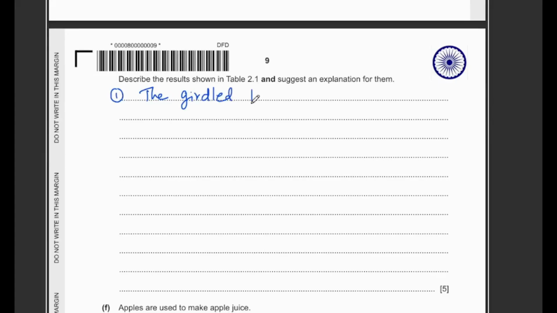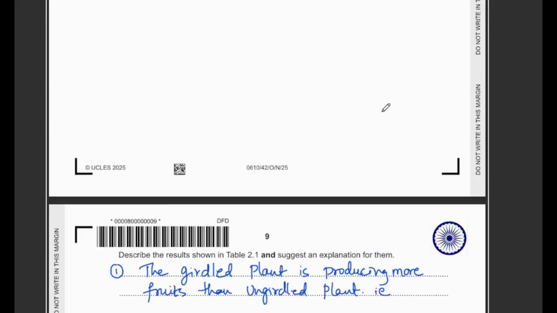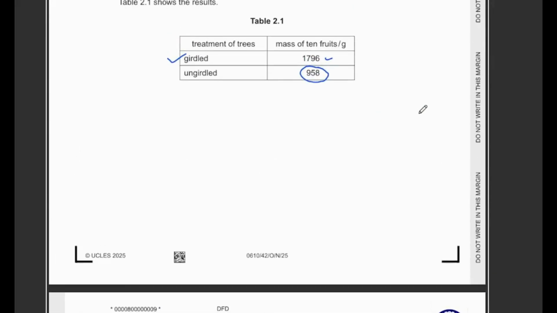The girdled plant is producing more fruits than the ungirdled plant. How many times more?